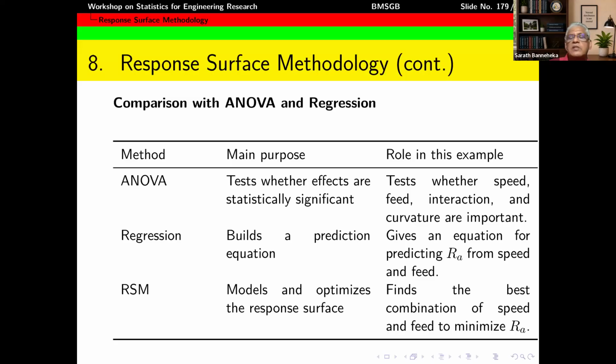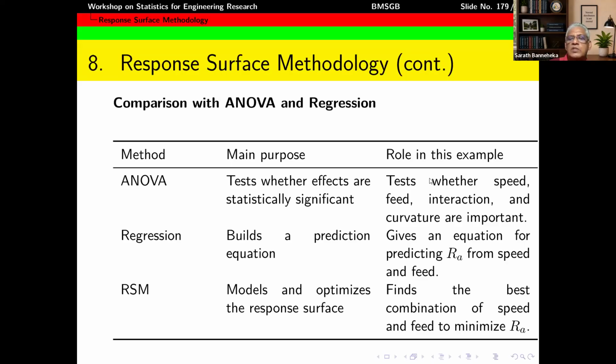For example, in this particular example, let's summarize those, right? So, we use ANOVA to find out which effects are significant. In this case, we found out that all the effects, right? Main effects, quadratic effects, and interaction effects were significant. That was found out using ANOVA, analysis of variance.